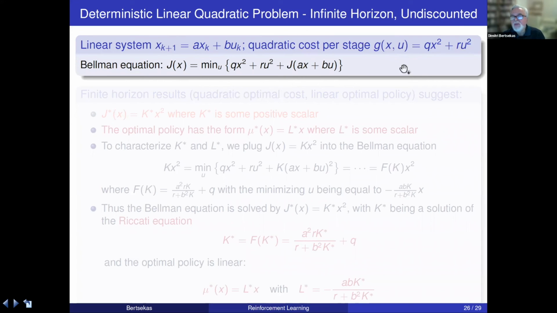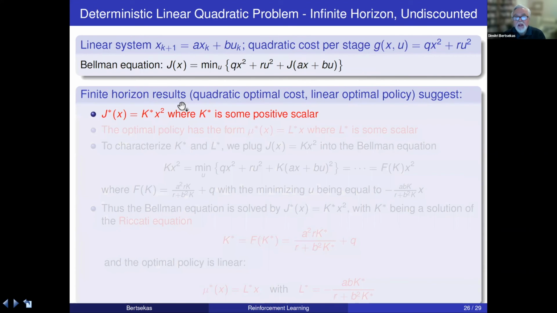Now there's a termination state, state 0, so this is a problem where we can get away without any discount factor. So this is our system equation, the quadratic cost, and the Bellman equation. So we're looking at an infinite horizon version of the problem we looked at before, except that there's no disturbance.